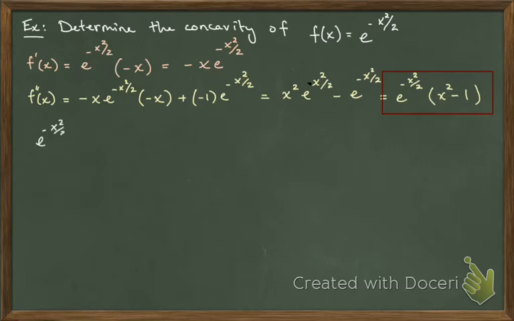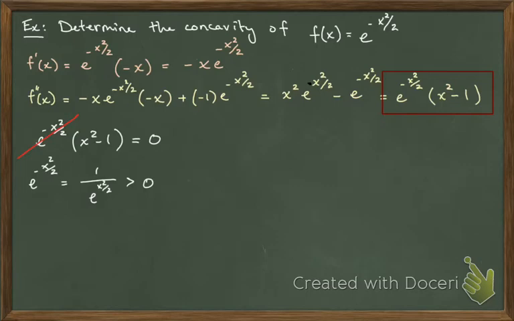So I set this guy equal to 0, and I make some analyses. I solve this equation here. E to the minus x squared over 2, I've got an exponential there. That guy is never going to be 0. It's the same as 1 over e to the x squared over 2. And e to the x squared over 2 for any x is not going to be negative, right? So 1 over that is not going to be negative.